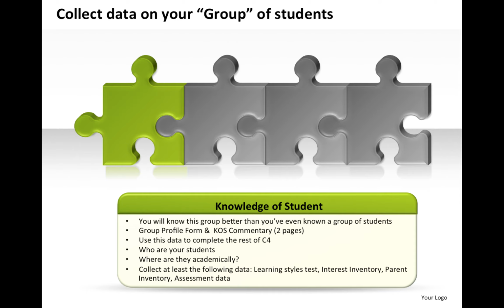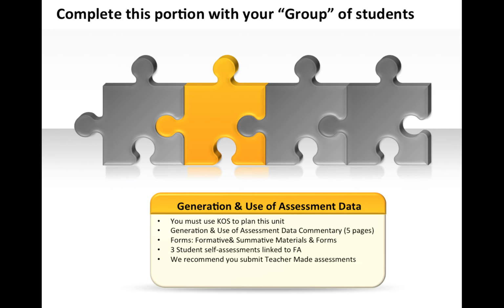You will collect at least the following data on these groups of students: learning styles test, interest inventory, parent inventory. Oh, did I say that? Yes, I did. That is absolutely essential that you gather data from the parents or caregivers, and of course, assessment data to see where they are academically. Okay, that's just a little view. We're going to go back and go over this in greater detail.